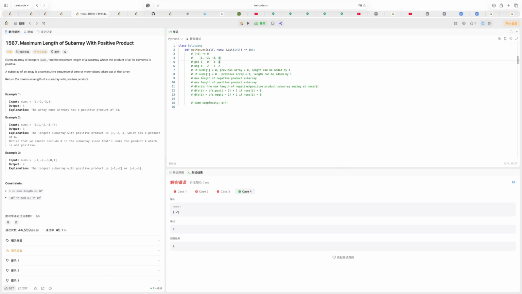But we would like to optimize, and to optimize, yeah, we would like to use the previous results.